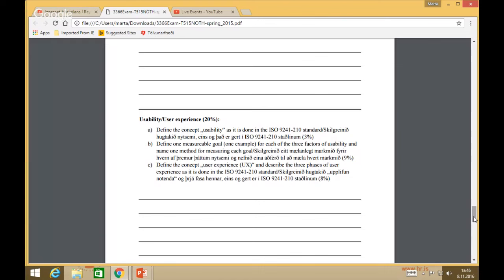So the method, isn't it a questionnaire or an interview if you ask them orally? That's an interview. If you have it on paper, it's a questionnaire. So that is typically the methods for measuring the satisfaction. It's an interview. Yeah.